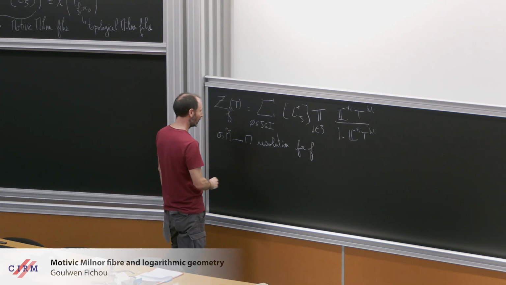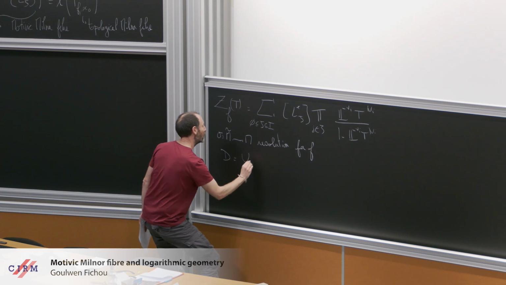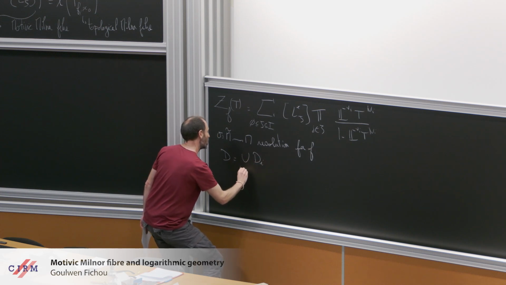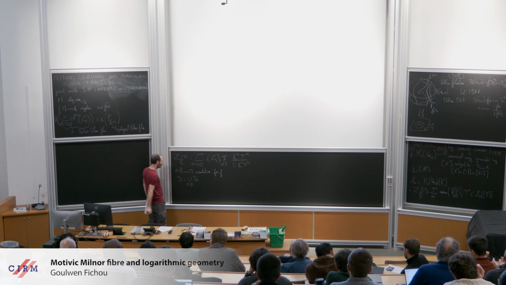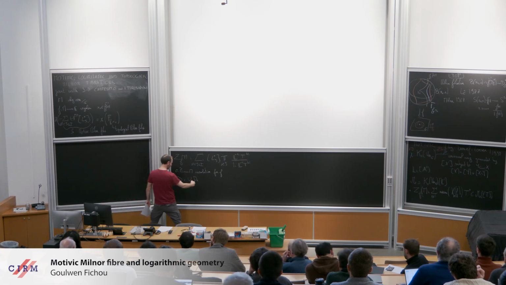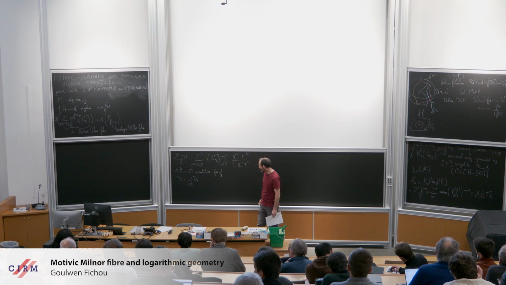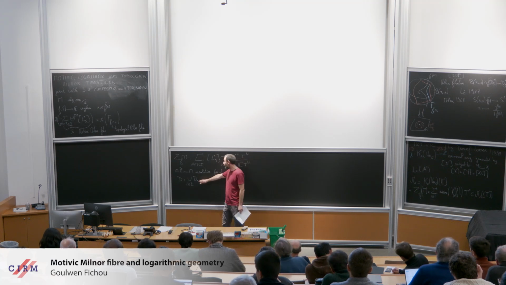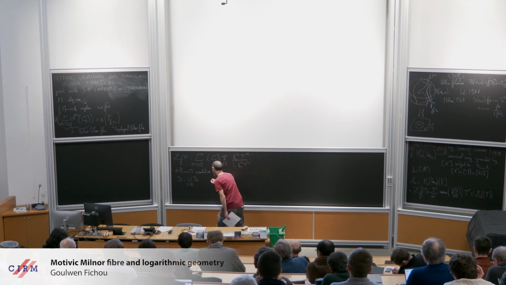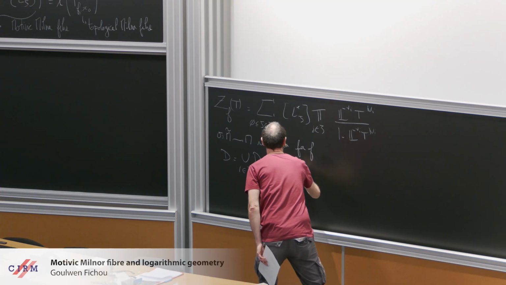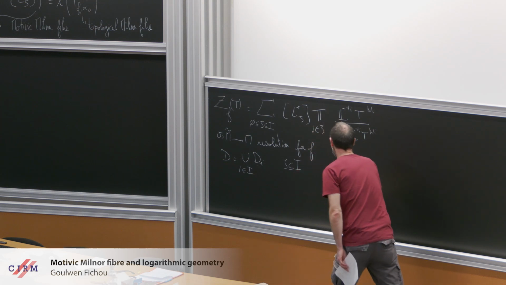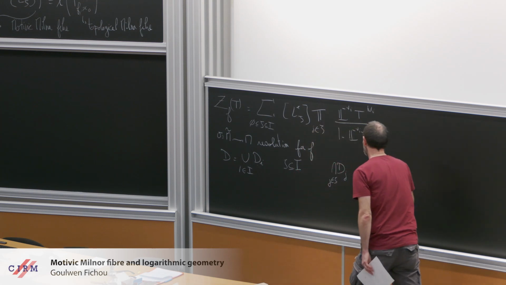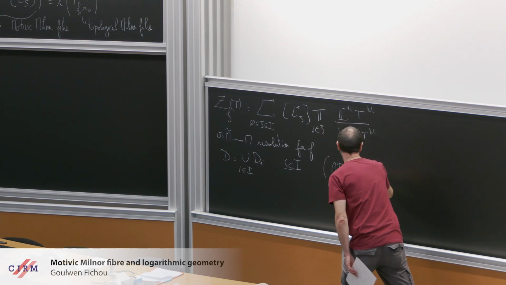So you have, say, the exceptional divisor. That will be the union of some divisors. So here you pick some subset inside this union of divisors. Then you have a canonical stratification of this union for a subset J. You may consider the intersection of all divisors in this subset, and you remove all other divisors.